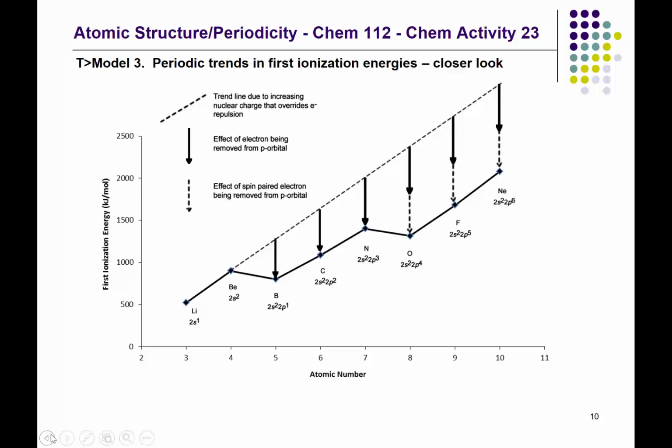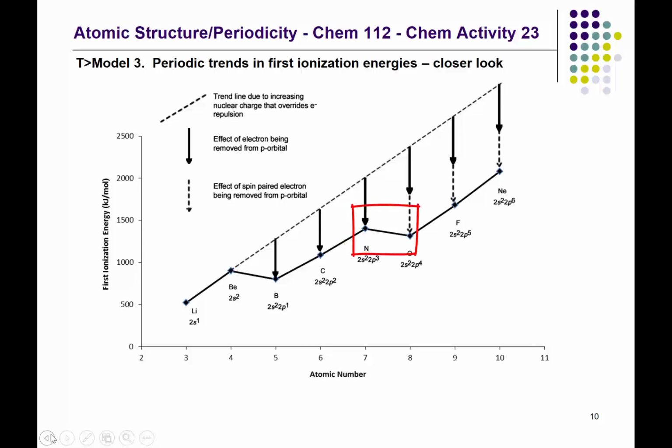And so I have solid arrows pointing downwards from the dashed line, indicating that the ionization energies are less than what you would expect because the electrons are being removed from a p orbital rather than an s orbital. That is, less than what you'd expect if all the electrons were being removed from the same orbitals.